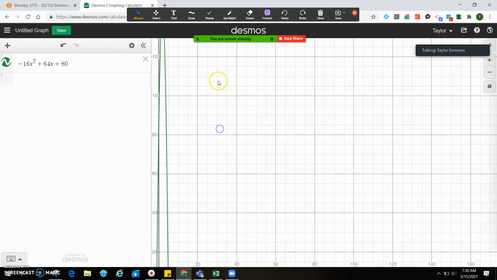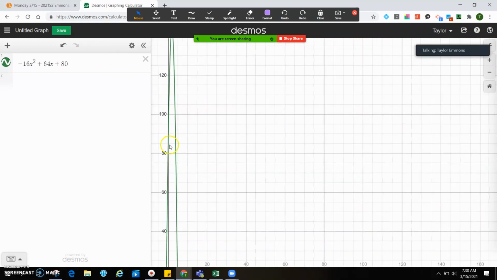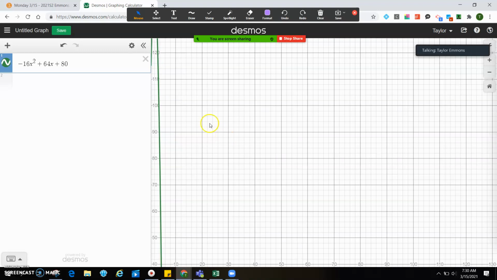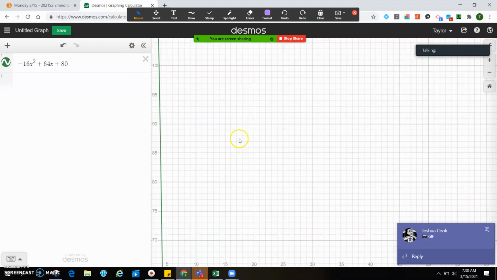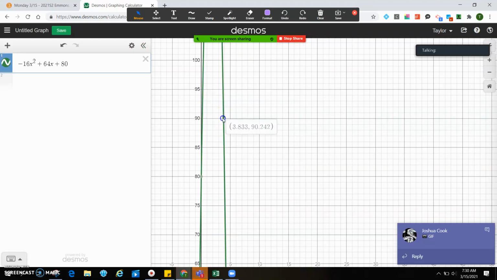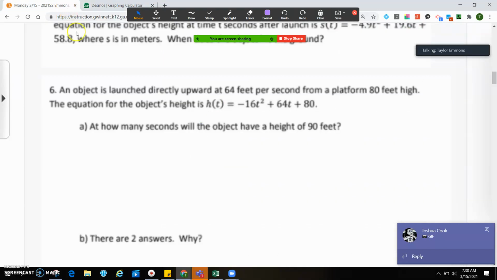And then it asks, when would it hit 90 feet? Okay, so we see 90 is going to fall right in here, around 3.84, okay? And it also hits 90 at 0.165.